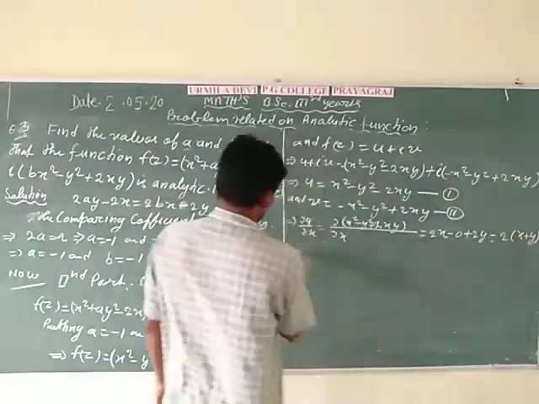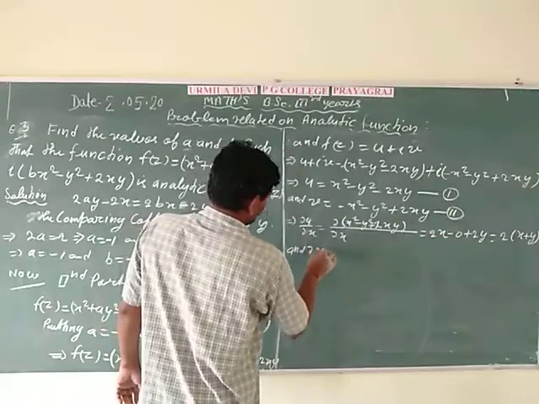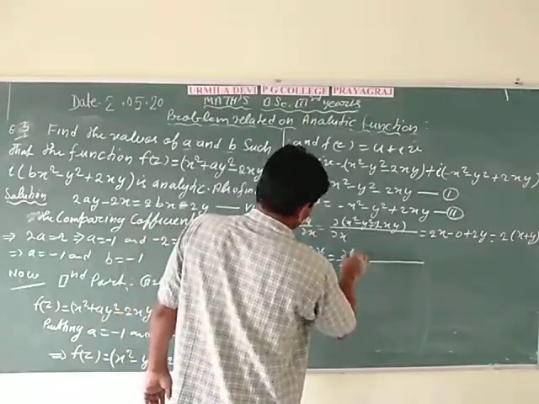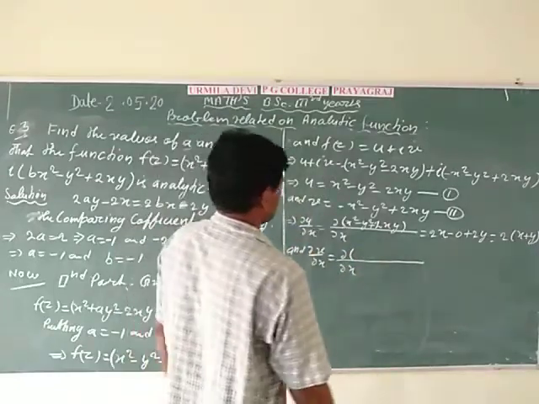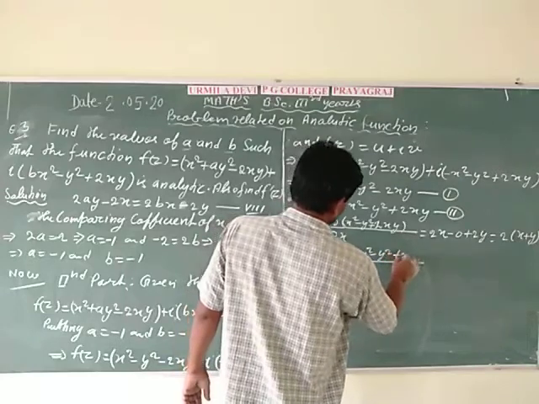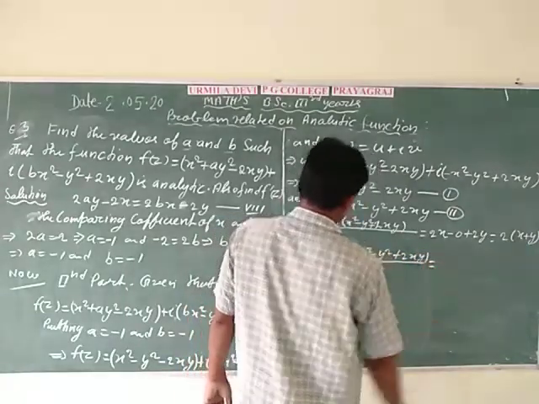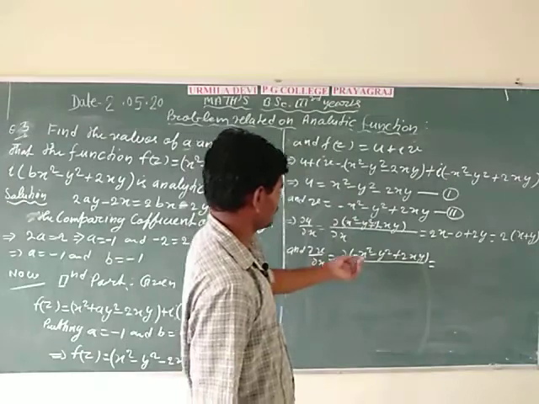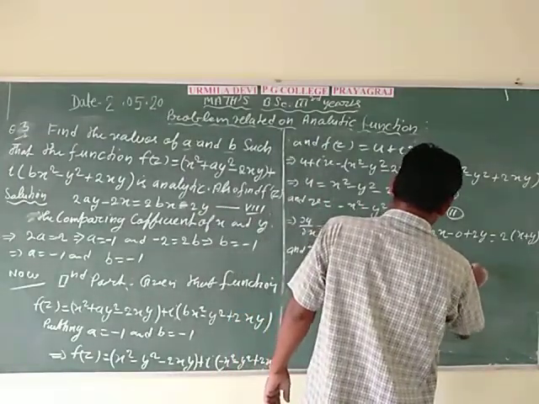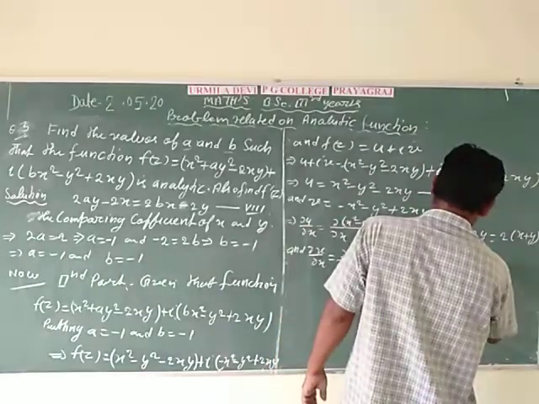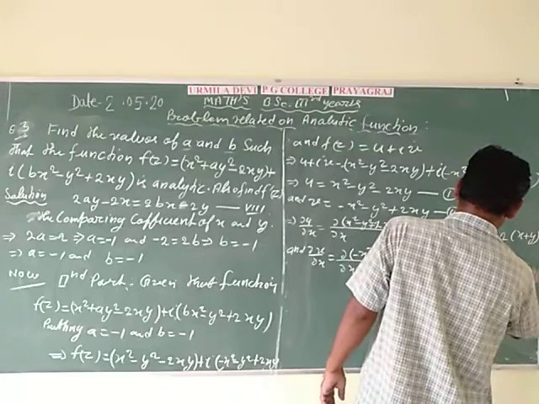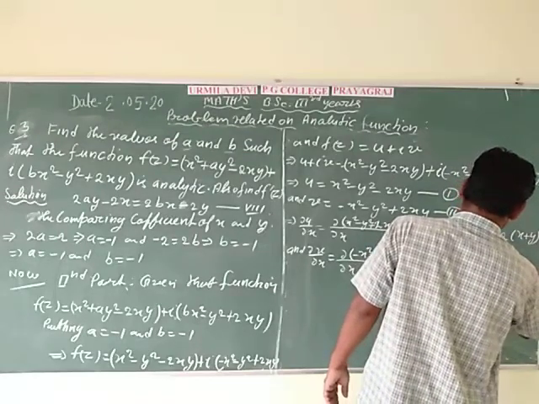And the value of del v by del x from equation second, putting the value of v, minus x square minus y square plus 2xy, taking partial differentiation, is minus 2x minus 0 plus 2y, taking 2 outside, so 2 times y minus x.